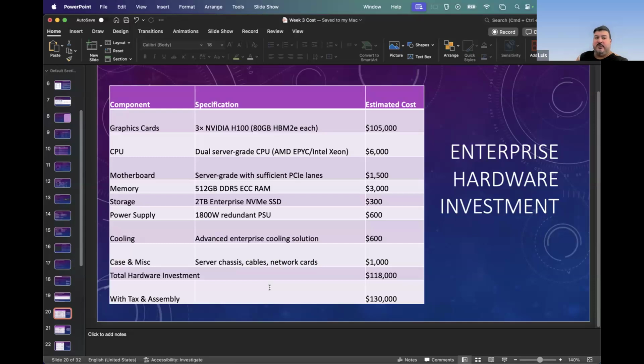You need sufficient storage, 2 terabytes. You need a good power supply. The cost of electricity, etc., is going to be a separate cost on top of this, right? You need enterprise cooling to cool down the graphics cards, and you need cables, network cards, etc. So you're looking at a total hardware investment of about $118,000, or with taxes and assembly, $130,000 at the end of it.